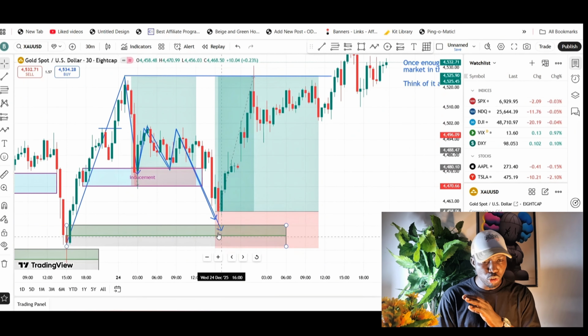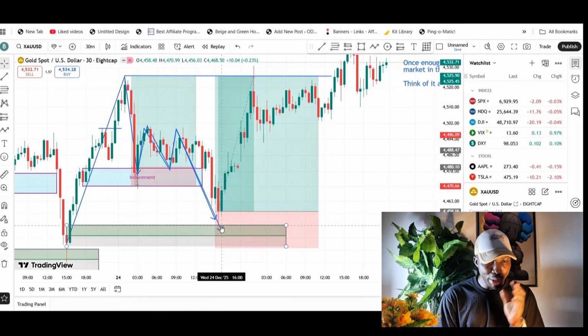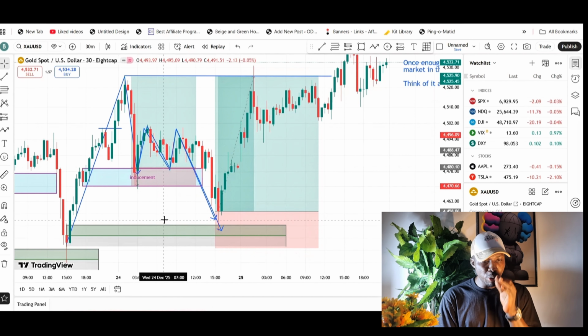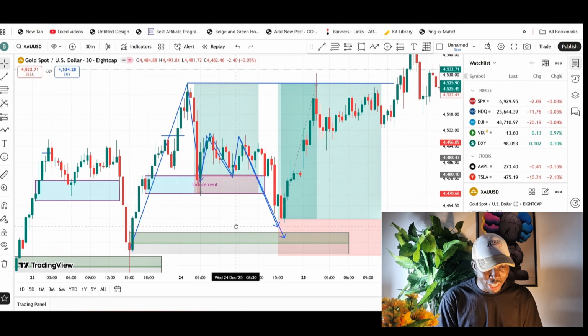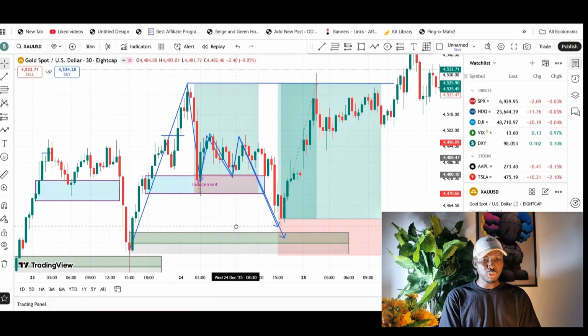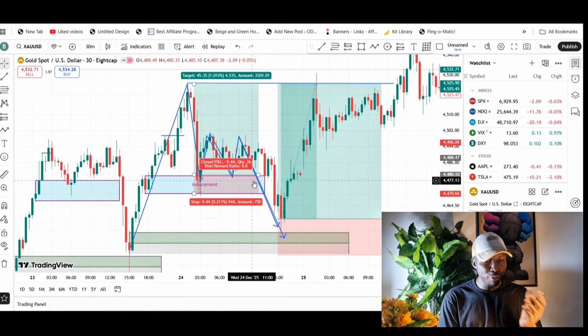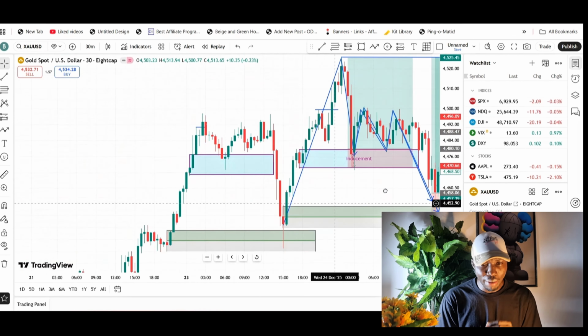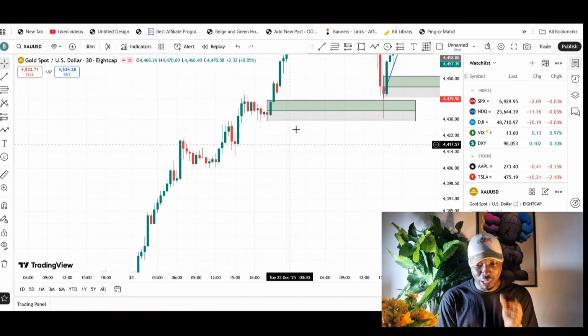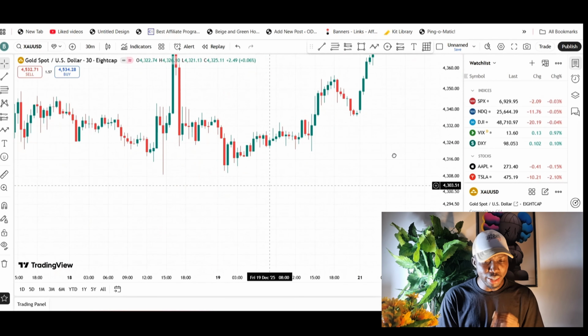And you see how the market just took them out. The market took them out because they were not patient enough to wait till the market gets to this place for them to enter this trade. Maybe they have fear of missing out, and they entered this trade here. This is what happens when you are trying to enter the trade too early.